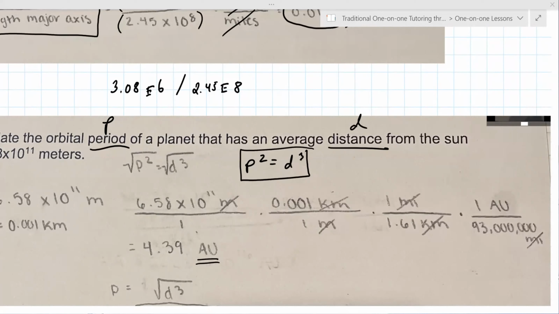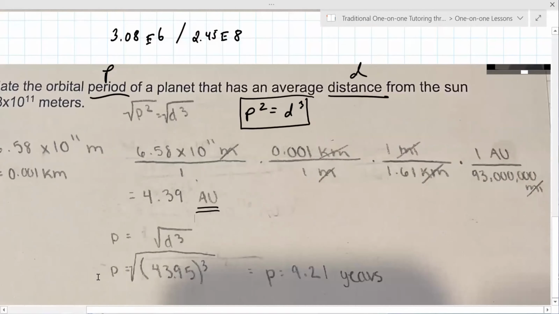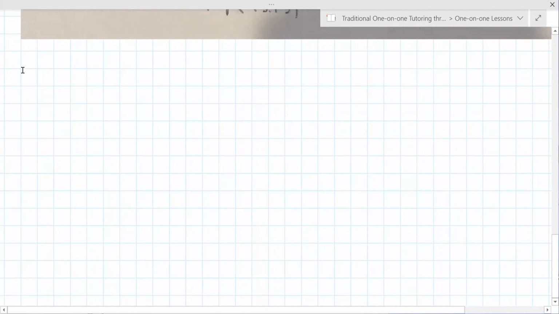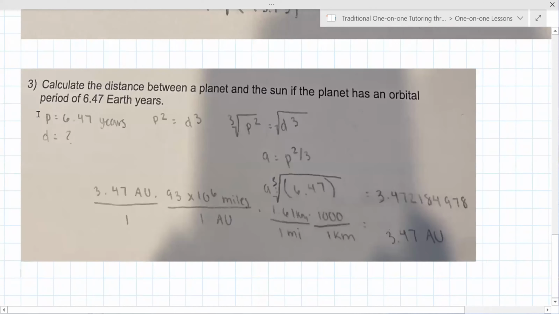The next question on here was a backwards question. Hopefully this brings some remembrance of what we did here. This question says, calculate the distance between a planet and the sun if the planet has an orbital period of 6.47 Earth years.